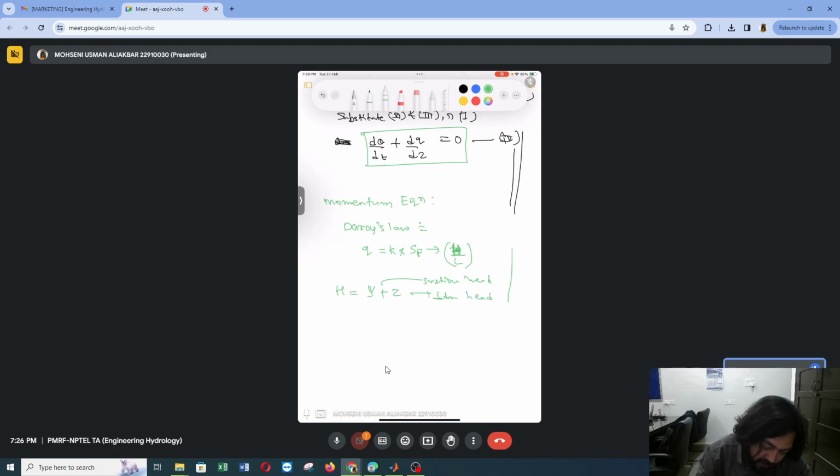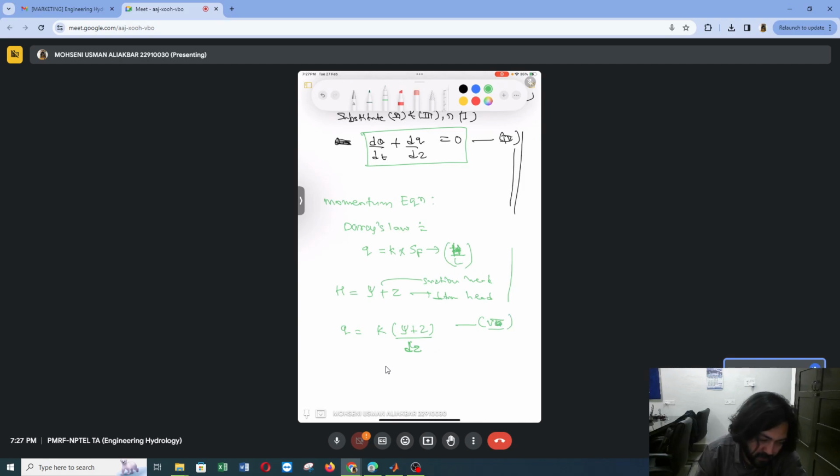So we can modify this equation so that q will become k into, instead of h we'll write psi plus z per unit length, right? And this length could be in terms of z. This equation is equation 5.